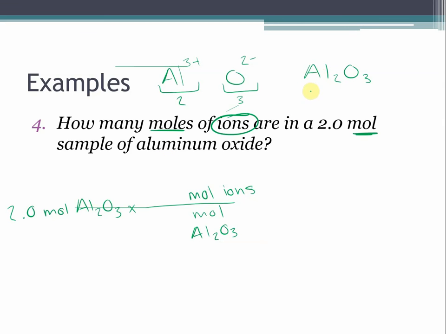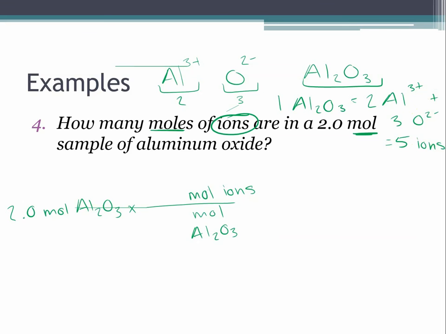So we can see from our formula of aluminum oxide that one formula unit of Al2O3 is made of 2 aluminum ions and 3 oxide ions. So that's a total of 5 ions.